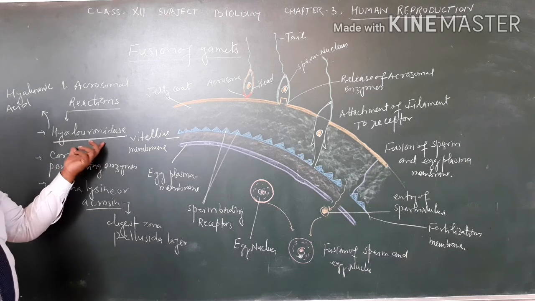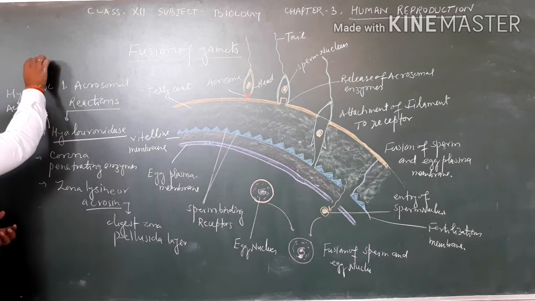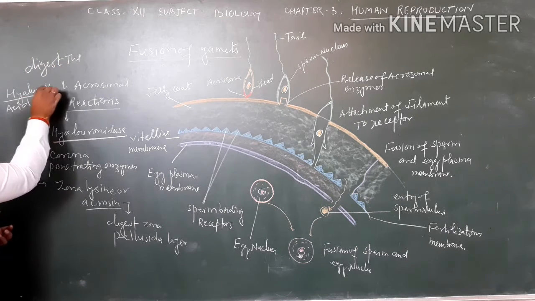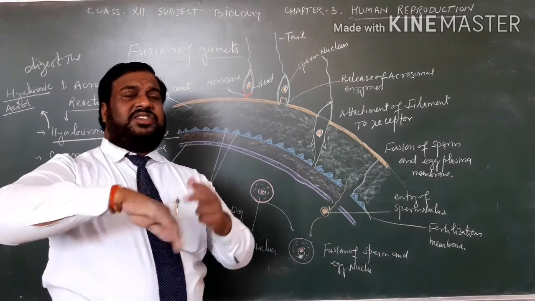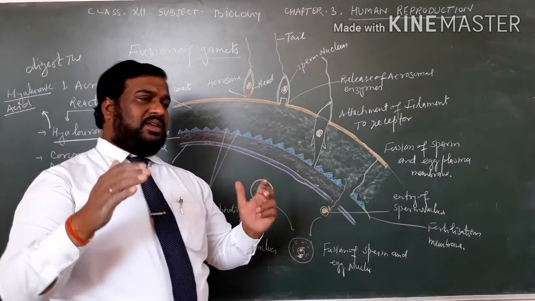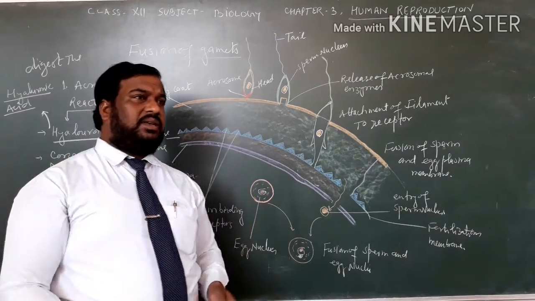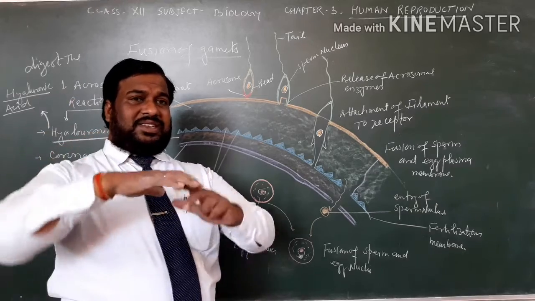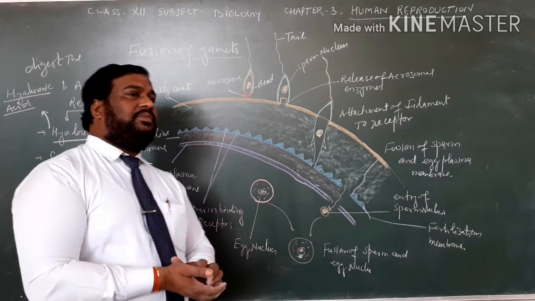This hyaluronidase can digest hyaluronic acid. This acid is cementing, means it joins all the cells together. So whenever hyaluronic acid is digested, the cells separate from each other.